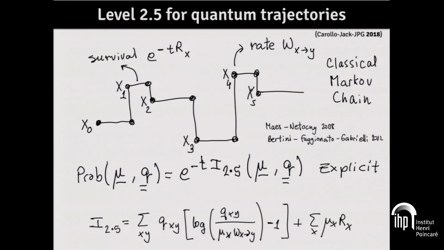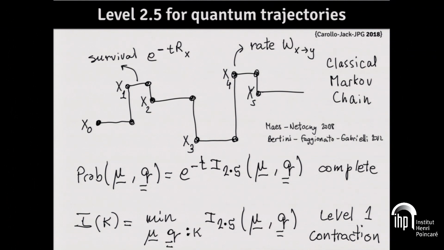So it's explicit. And the other thing is that it's complete, in the sense that if I know that, I can know the statistics of any level 1 of any observable, and in particular level 2 is just the statistics of that object. I can get the statistics of anything by minimizing this.